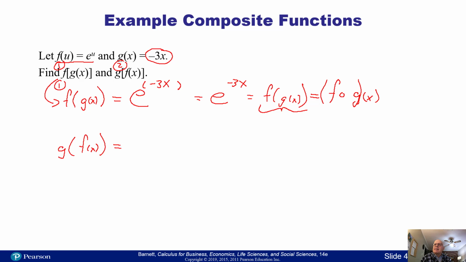So g looks like this, minus 3 times some missing number. Now what goes in there? This goes in there. So put e to the u, that's f of x. And what do we get? We get minus 3e to the u power.